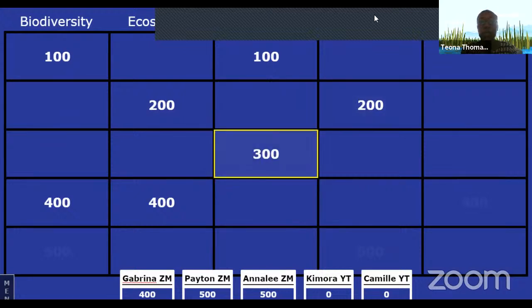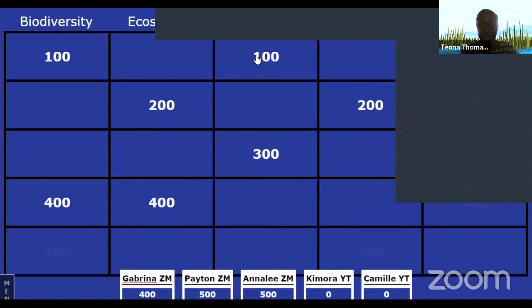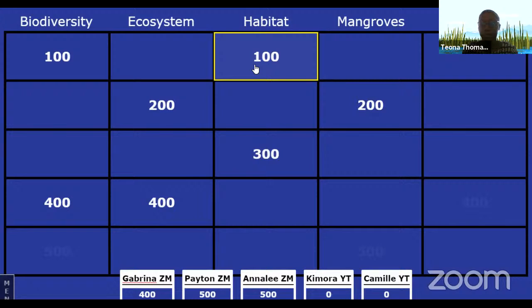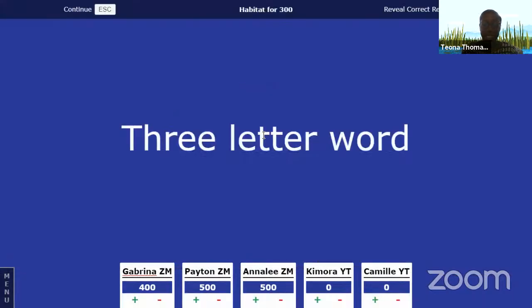All right, so for Camille, she selects the word habitat, for 100 or 300 points. We're just waiting to get a response. All right, so for 300 points, Camille selects habitat. A 3-letter word from the word habitat.